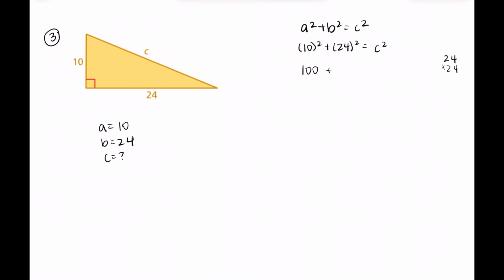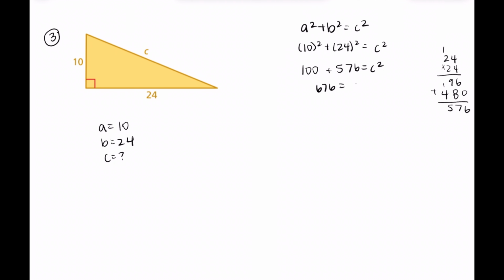But for 24 squared, I will do that on the side for you guys. When we do 24 times 24, we end up getting 576. So if we add 100 and 576, we would get 676, and 676 would be equal to c squared.